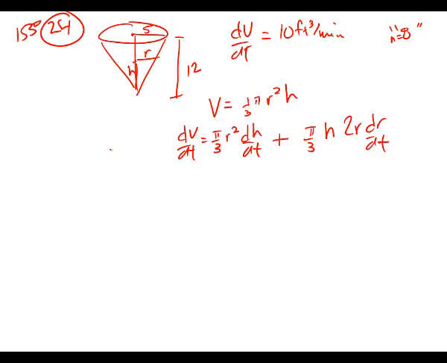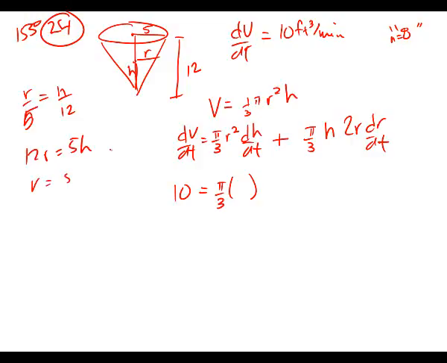Alright, so let's start plugging in what we know. What's the dV/dt? 10. What's the radius? Oh, at that moment we don't know yet, do we? We have to do this thing, right? Actually, I was doing r over 5 equals h over 12, right? So it should be that so far. When you cross multiply, it's 12R equals 5H.